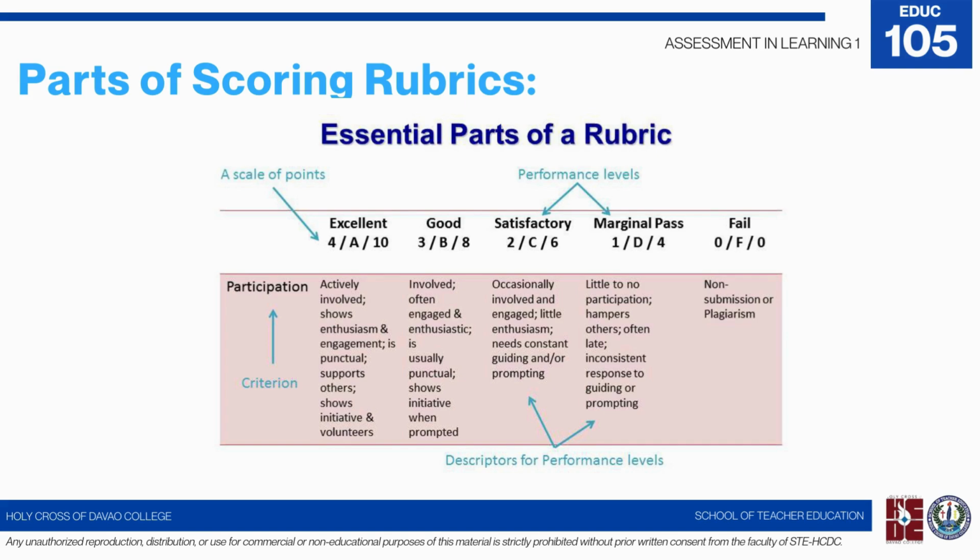Remember that it is a level. One should be distinguishable from the other level. We define what observable traits we can put in the excellent level, then a different descriptor for a good level, and so on and so forth. Again, the two parts of a scoring rubric are the criteria and the different levels of performance for each criterion.